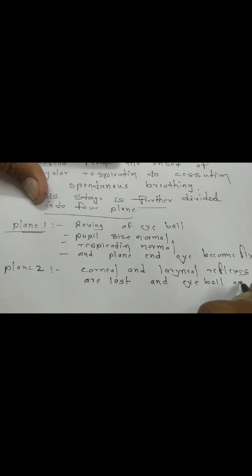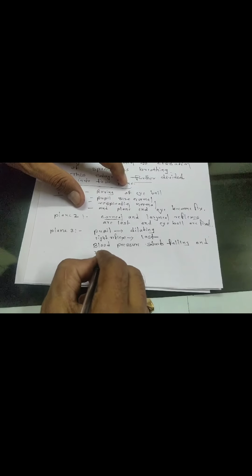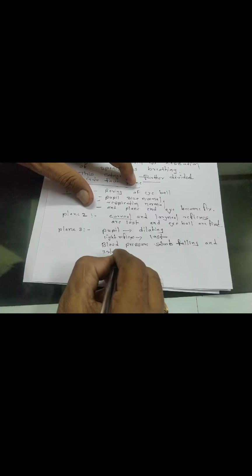Blood pressure starts failing, and intercostal muscle is slowly paralyzed.